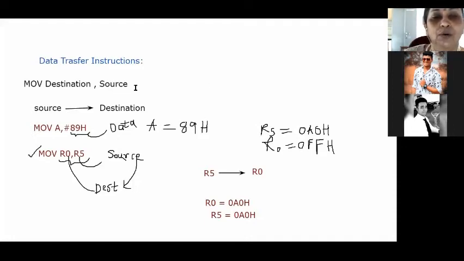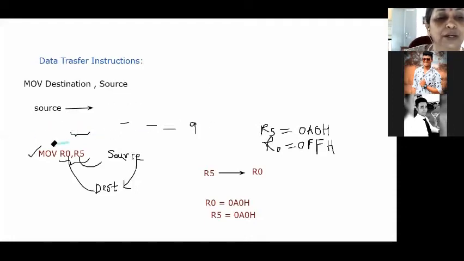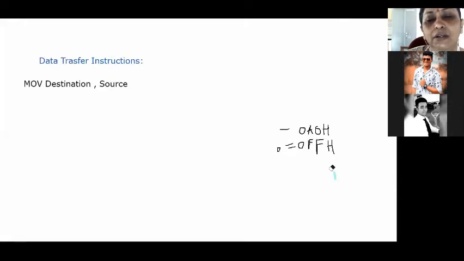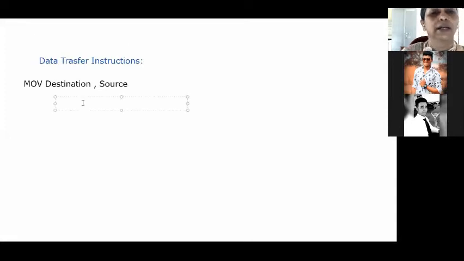Okay, now we will move to the next type of data transfer instruction, and how we can write the data transfer instruction in another way. Suppose I write MOV 55H, 65H.